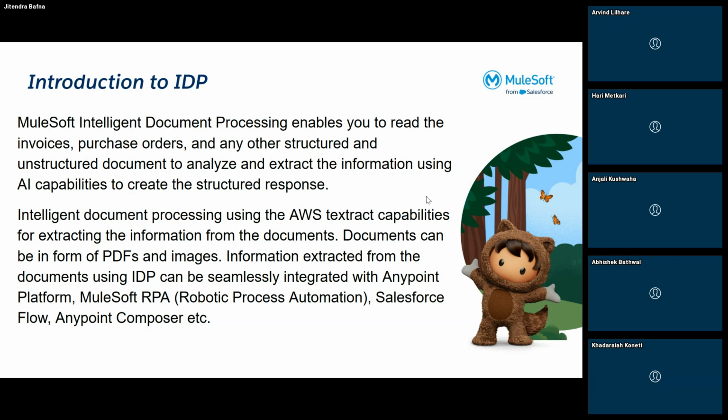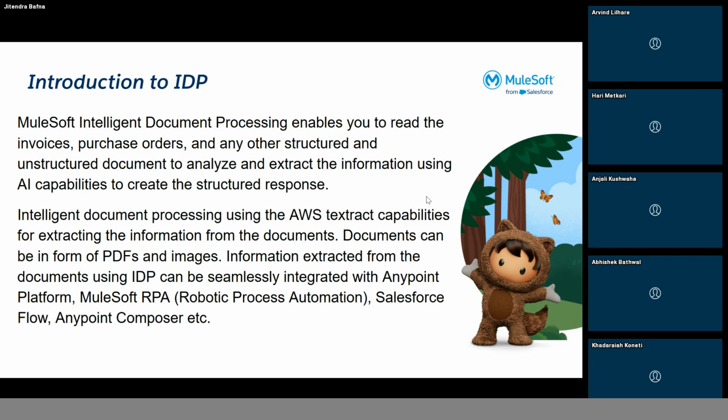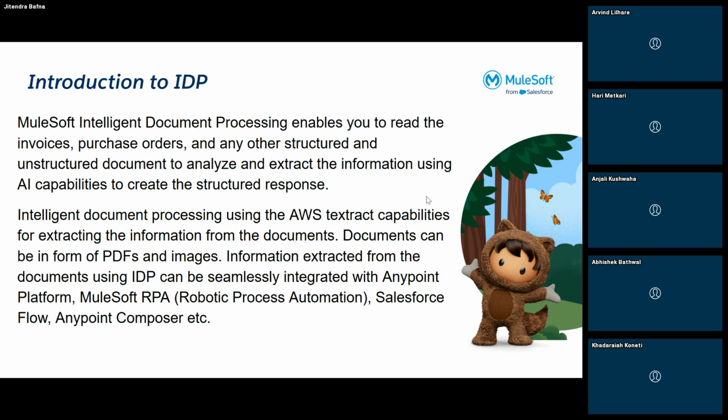But if I want to automate that process, what I can do is get the invoice, and I have a fax machine, I can just scan that invoice and integrate that fax machine with some API call. As soon as my PDF gets scanned, I can call the API.